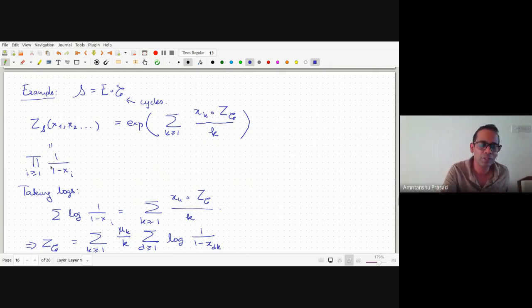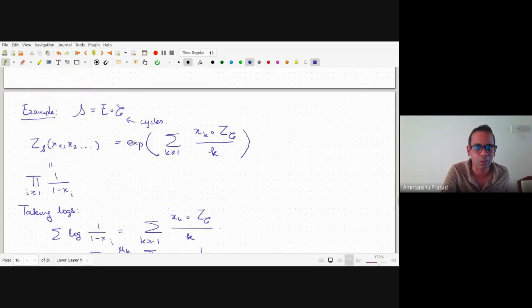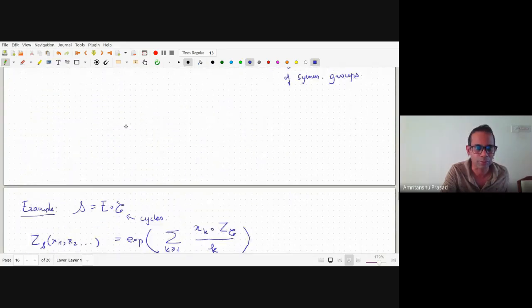So whenever you have such a factorization for S, you will get, for any species, a similar expression for the species of its connected components.